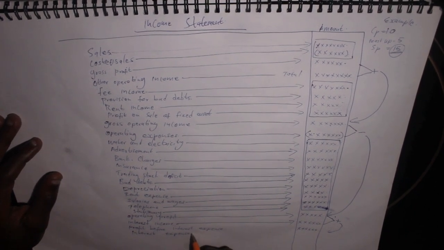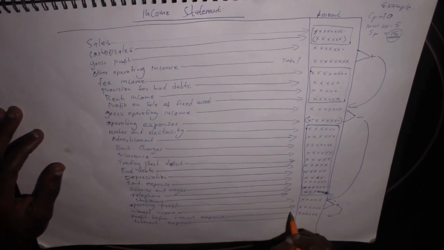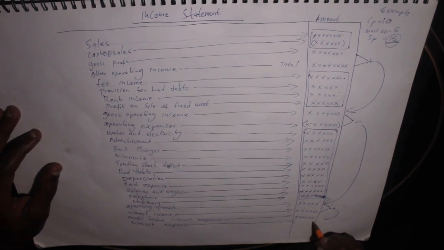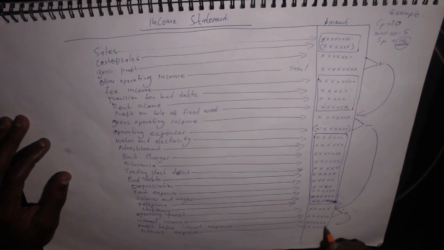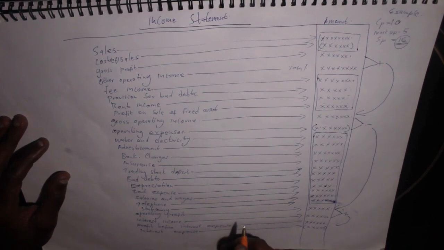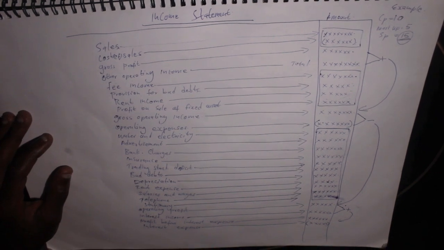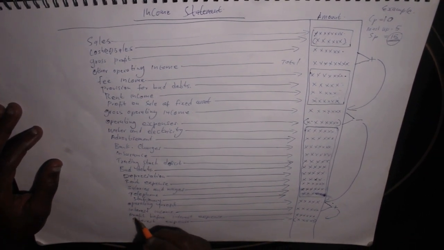So the interest will be showing here. So this is your interest expense. I'm going to show our interest expense in brackets because it also forms part of our expenses as well. Then the last part of our income statement is the net profit for the year.